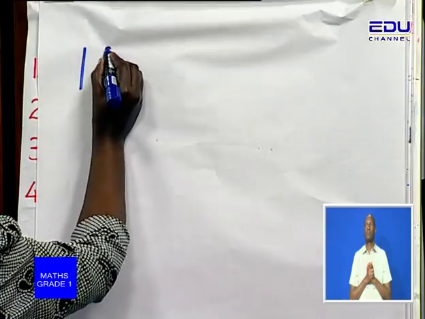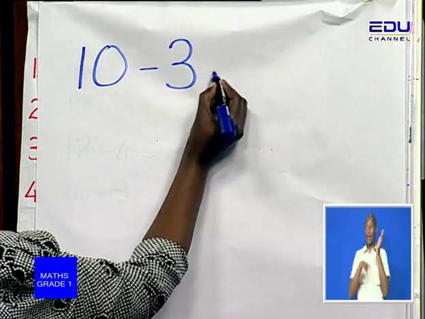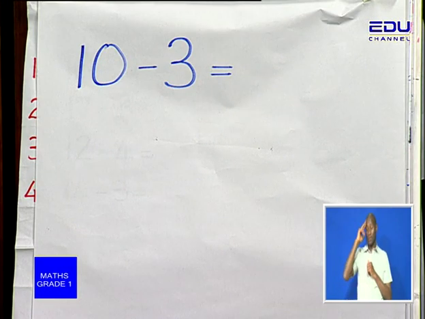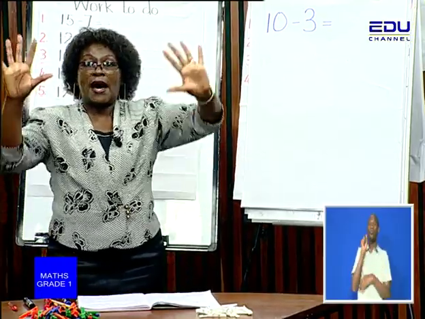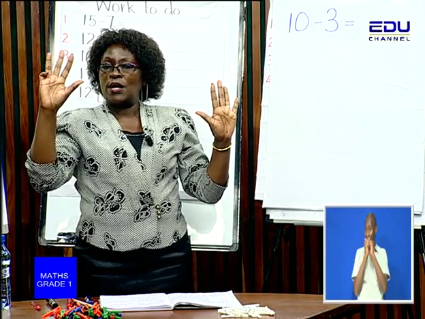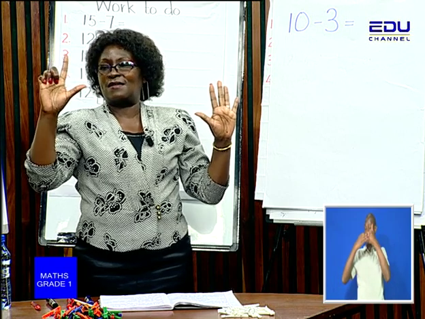I have 10, take away 3. Remember, we are counting backwards. We are subtracting by counting backwards. So, I have my 10 fingers. I am going to count 3 steps backwards. From 10, I go 9, 8, 7.